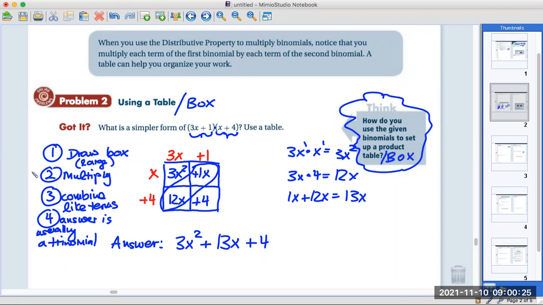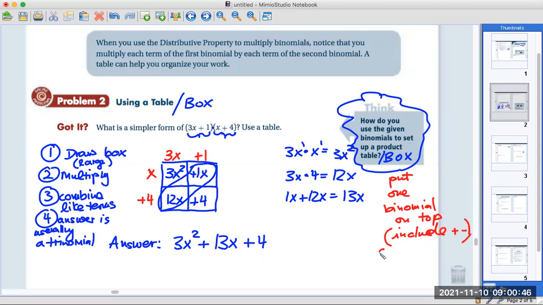So you can say, put one binomial, and it doesn't matter which one, on top. And I'm saying include signs, the plus or minus, and one on the side.